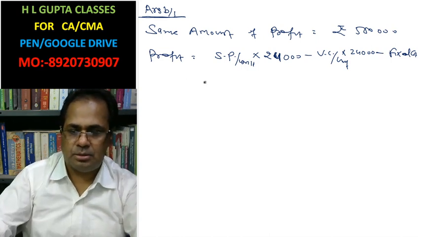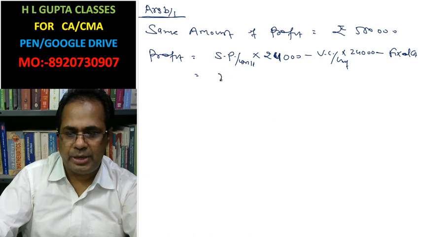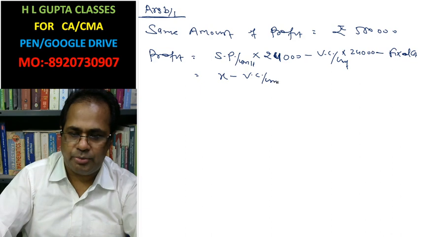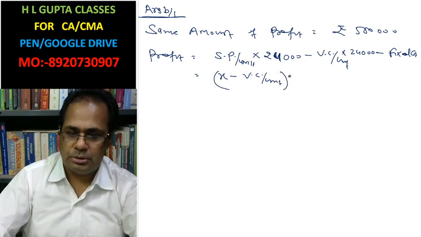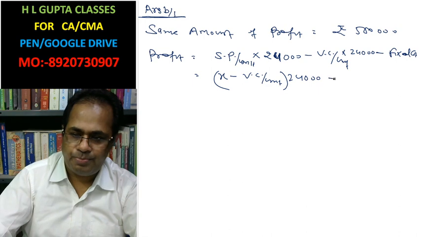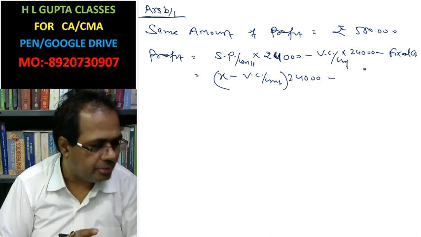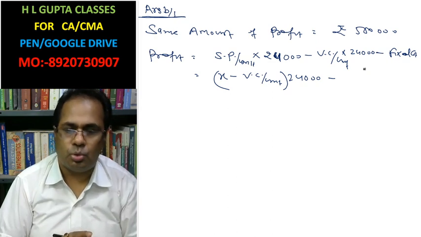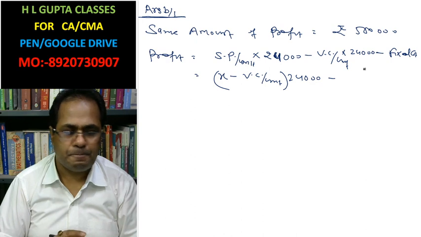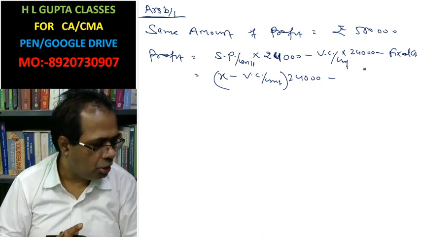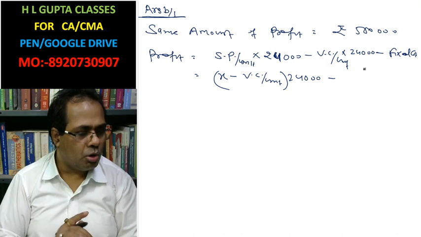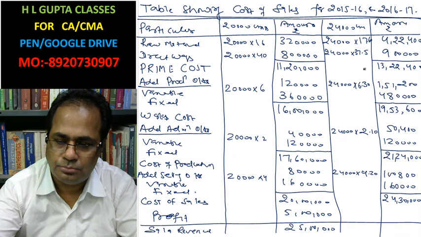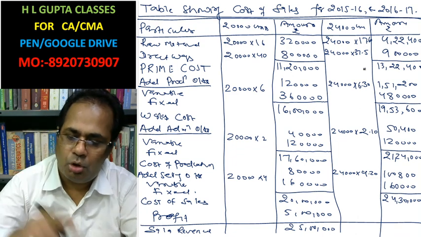In this case, the selling price per unit we have to calculate out of these. Fixed cost, all fixed cost we can calculate here from all this information.